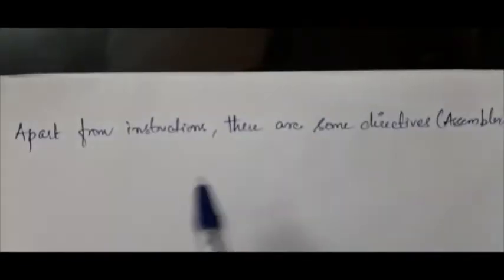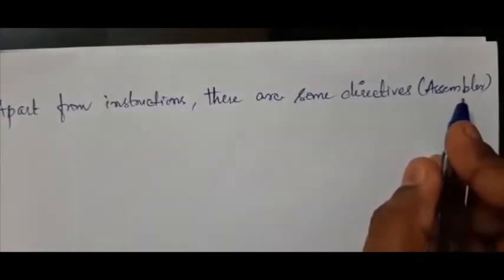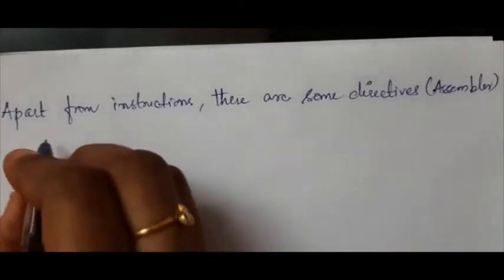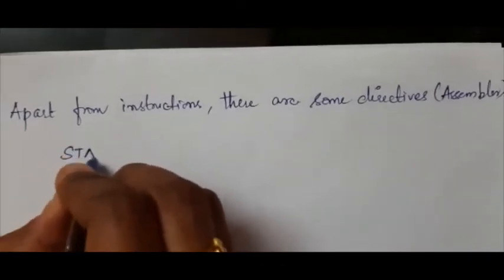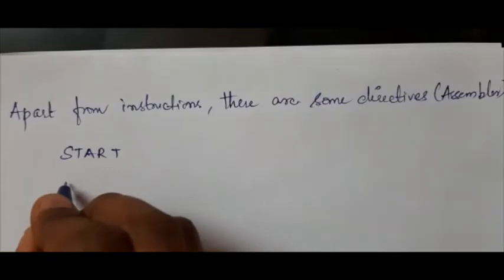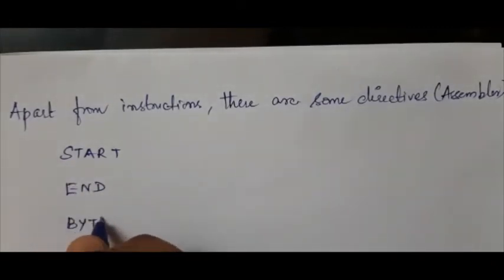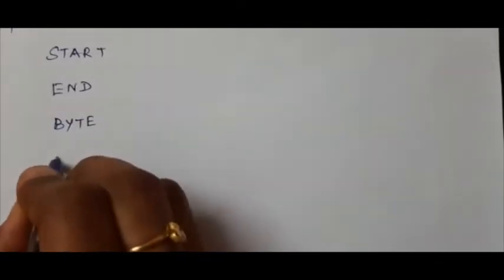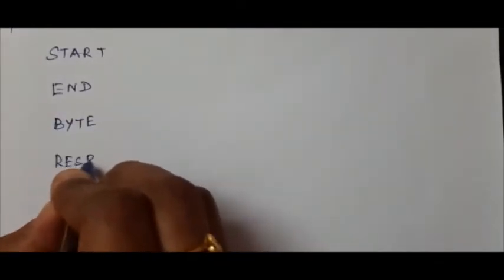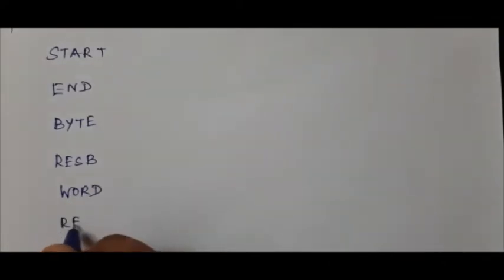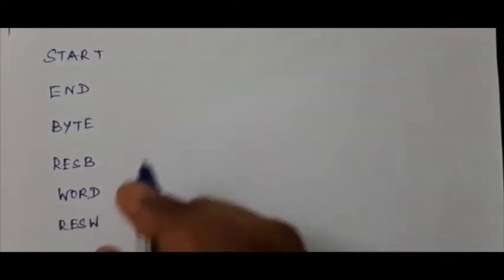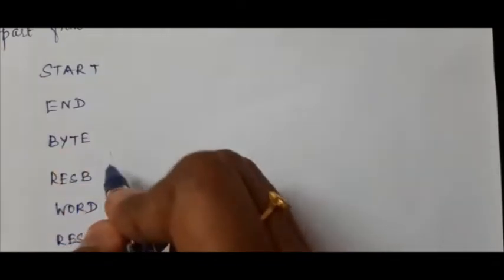Apart from these instructions, there are some assembler directives. Number 1, which is called START. END is an assembler directive. BYTE is an assembler directive. And here RESB, reserve byte, WORD, and RESW, reserve word. These are all the assembler directives in a SIC assembler.